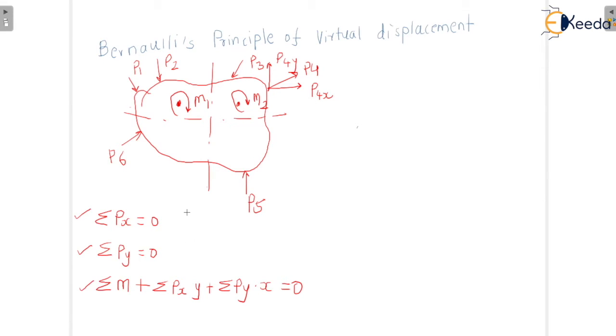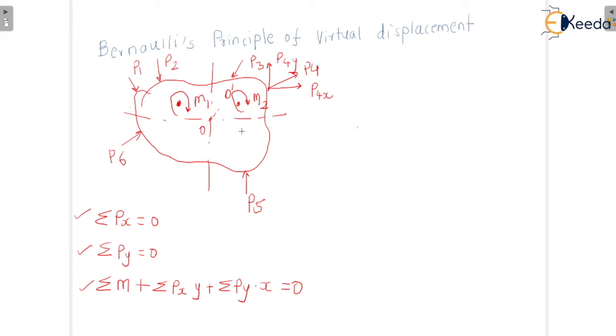This is our body. Now suppose we give some virtual displacement o dash, where this is the origin. If we give some displacement o dash in this direction, then the components of o dash be delta x in x direction and delta y in y direction.